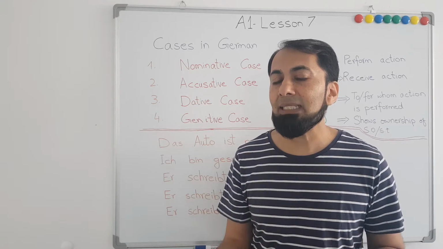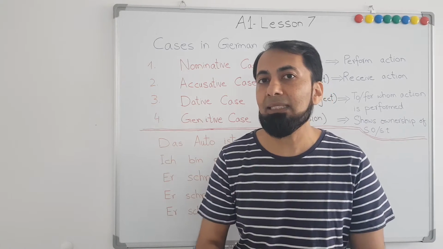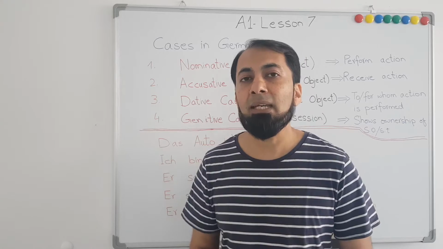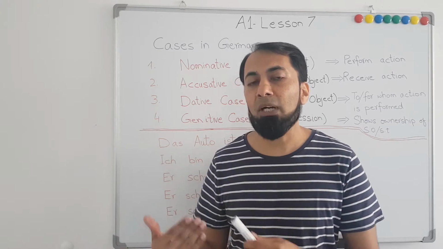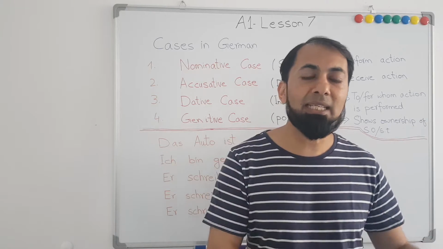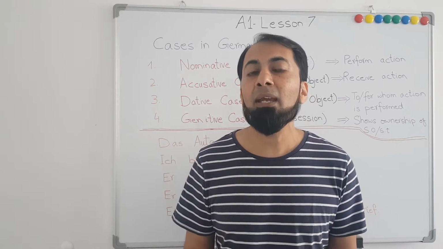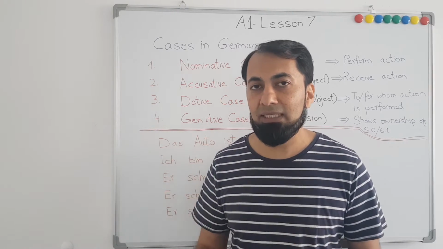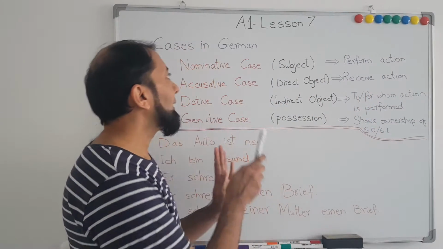One sentence may have only the nominative case, another sentence can have nominative and accusative case, another sentence might have nominative, accusative, dative as well as genitive. So it depends on what we are going to explain and through which components we can explain our sentence.